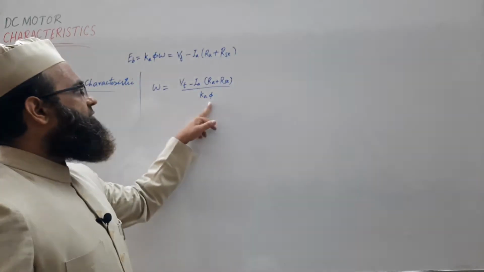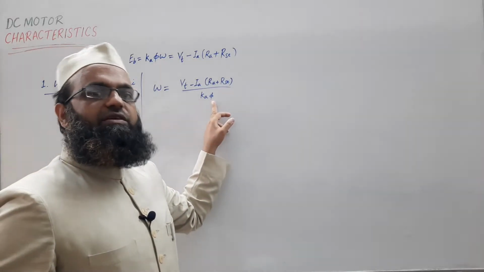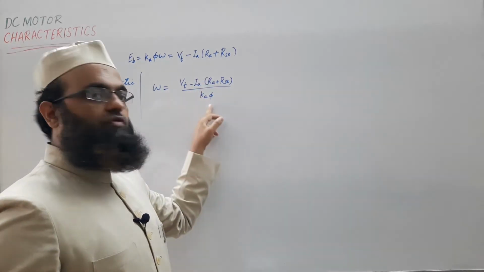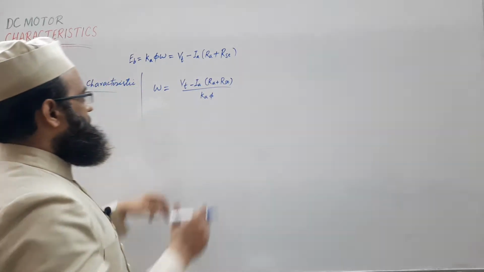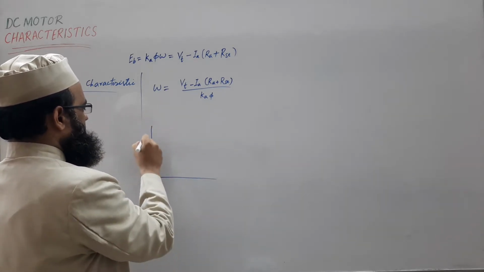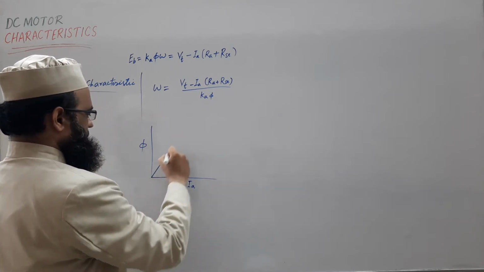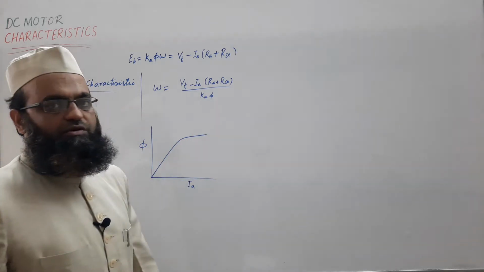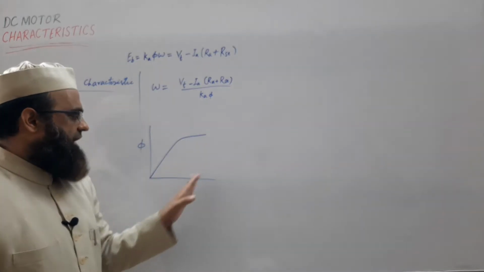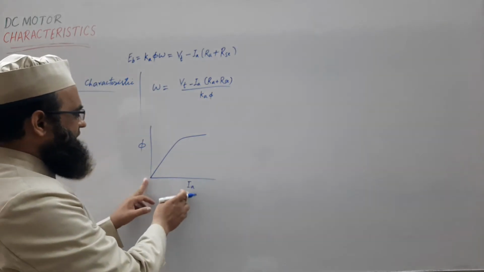Further, we know that phi is a function of Ia. Phi is not constant throughout, as the field winding is connected in series with armature, so armature current flows through the field winding also. If we plot phi against Ia, we will see a plot like this. It gets saturated after higher values of armature current.